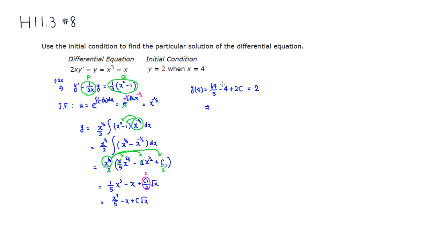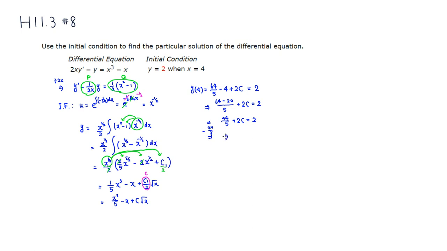So let's use a common denominator of 5. 64 minus 20 plus 2c is equal to 2. So this is going to be 44 over 5 plus 2c is equal to 2. I'm going to subtract 44 over 5.